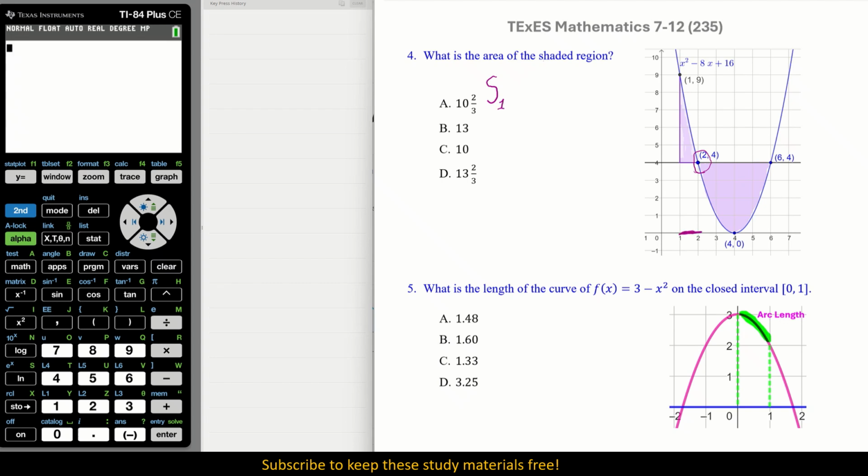So, we have 1 to 2. And that is the curve minus 4 because right here we have y equals 4. That's like our splitting line, okay? So we just put in x squared minus the 8x plus 16.